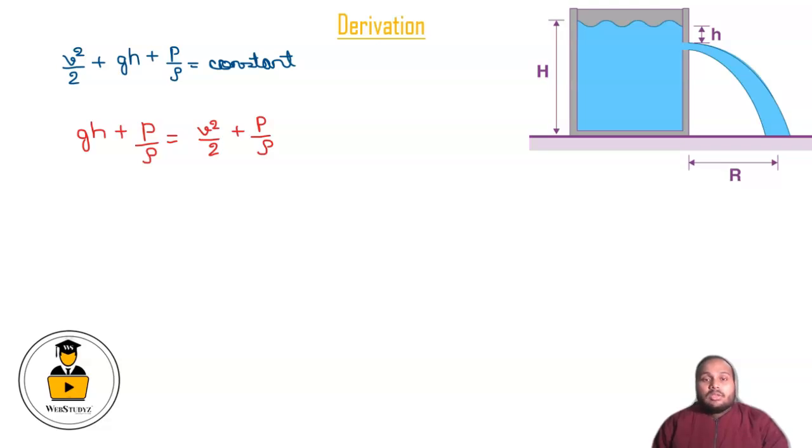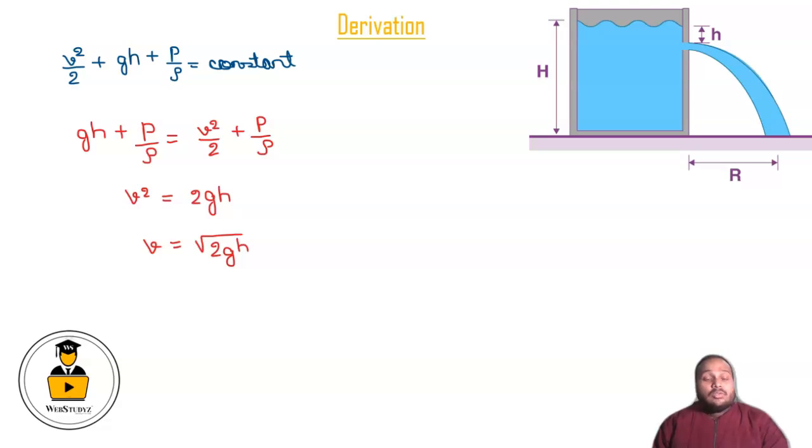This P by rho term will get cancelled out and we will get V square equal to 2 into g into h. This gives V equal to under root 2gh, which is the expression for Torricelli's law. Fine. So the derivation was very simple and very short.